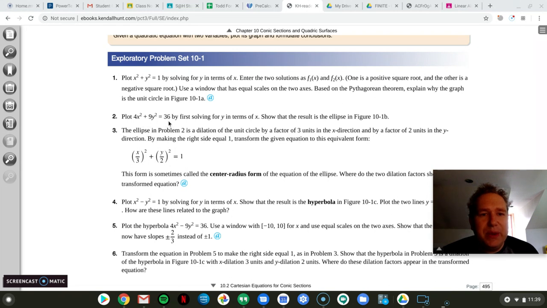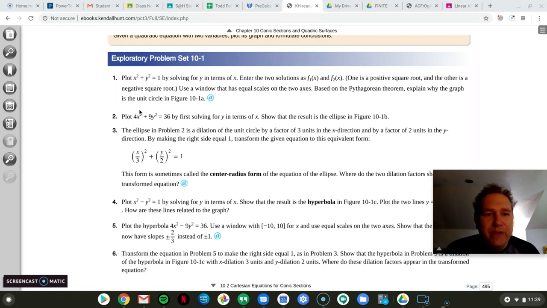It wants you to start with 4x squared plus 9y squared equals 36, and by making the right side equal to 1, transform it into this form. There are two ways to make 36 become 1: subtract 35, which is just going to get ugly, or divide by 36, since 36 over 36 is 1.